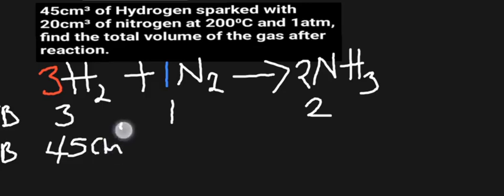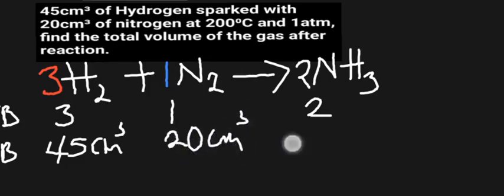We have 20 cm cube for nitrogen. And remember what I said: since they have not reacted, there is nothing on the product side, so product should be blank. So that's the volume before sparking. The temperature and the pressure are constant, so you don't need them to solve any question on Gay-Lussac's law.